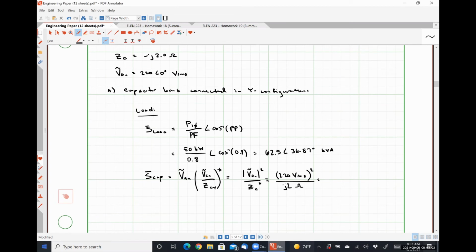So 220 squared divided by j2 is going to be 24.2 with an angle of negative 90 degrees kilovolt amperes.